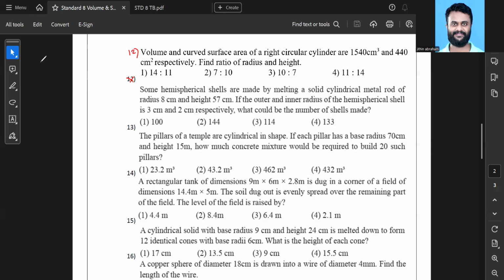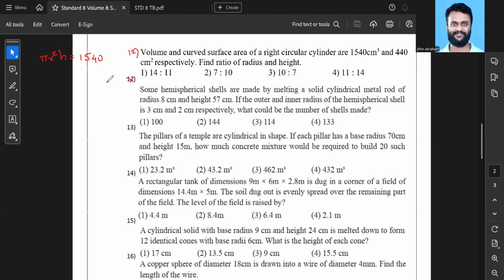So, dear children, volume's formula is 1 by 3 pi r square h. And they have given the value of the volume as 1540. Oh, cylinder. Sorry, cylinder it is. My bad. It's only pi r square h.